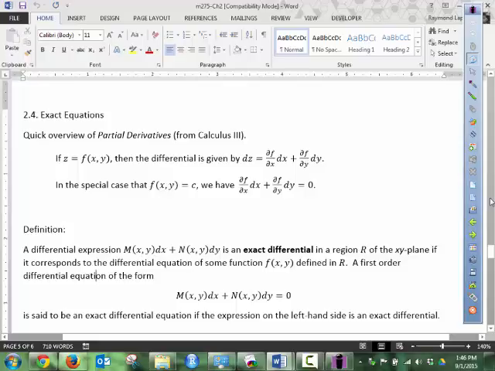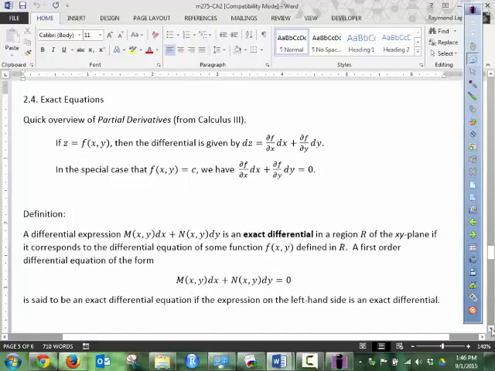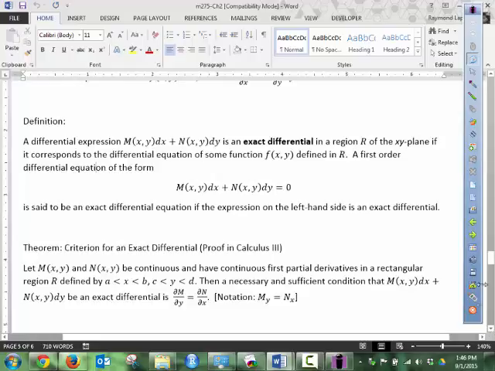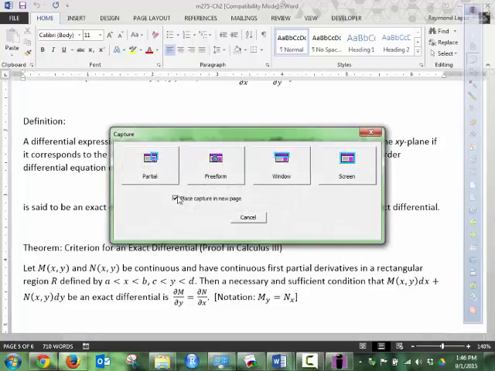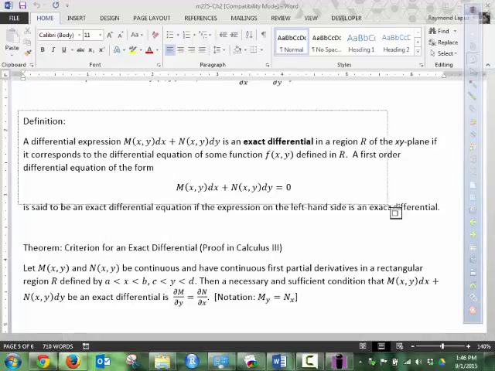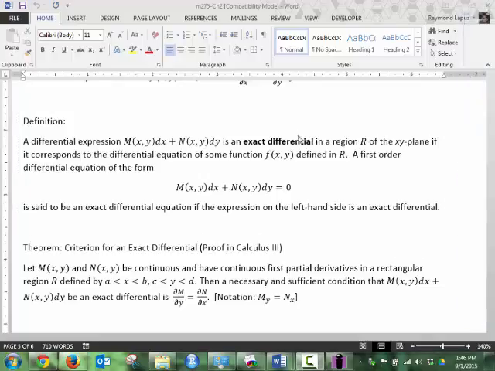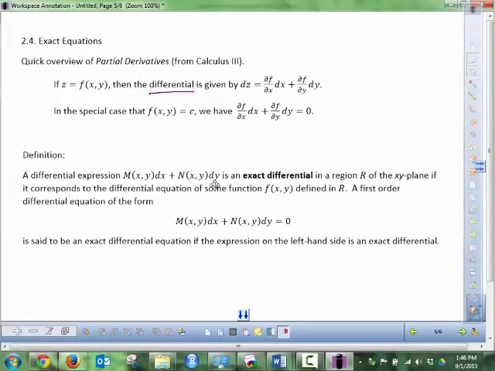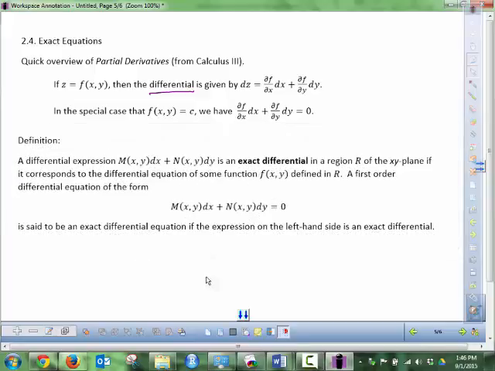And that's how we're going to define what's called an exact differential. So the differential expression is called exact if essentially it's a nice function, and then the first order partial looks like this.